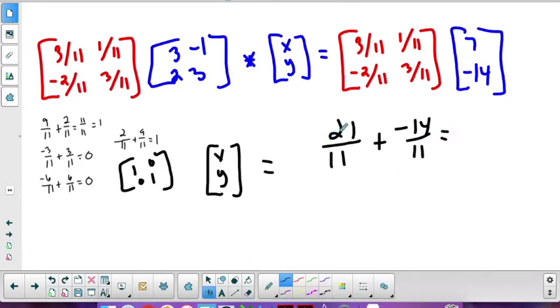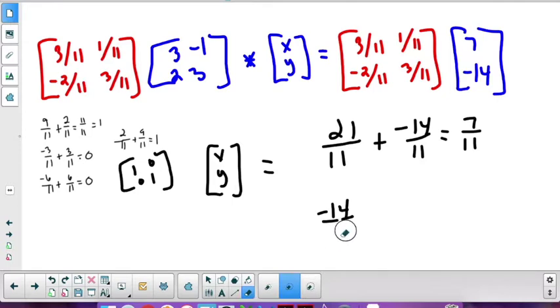So what is 21 plus negative 14? Should be 7 over 11. Now let's do the bottom. Negative 2 over 11 times 7 is negative 14 over 11.